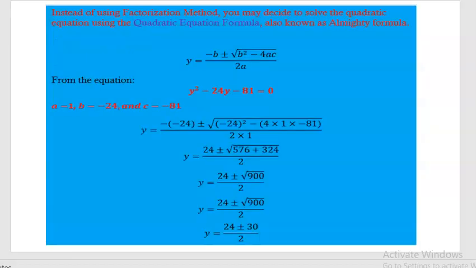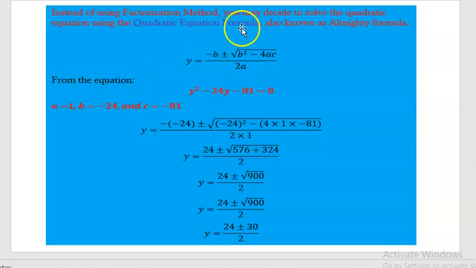Now, going back to the quadratic equation, I want to use another method using the quadratic equation formula, which we all call the almighty formula. You don't need to memorize it, but if you want to memorize it, you are free. The formula is at the back of your table.